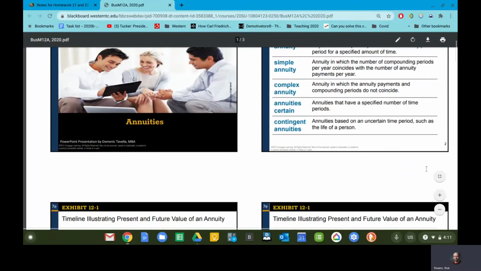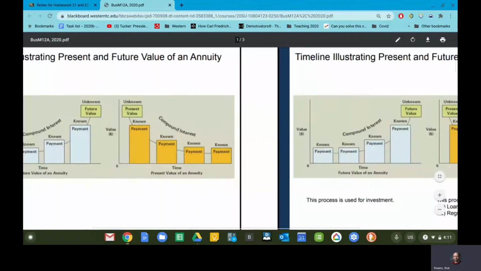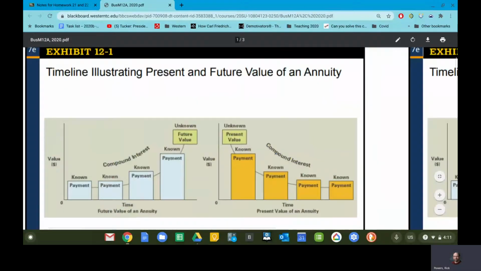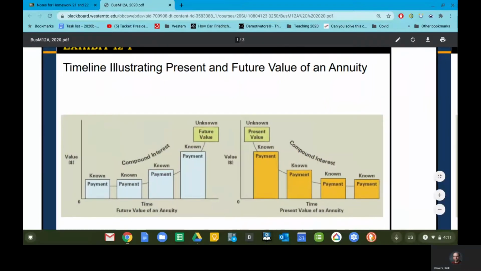And then this is very important. These are two kinds of annuity. The first one is called a future value annuity. Now, this is not the same as what we were talking about earlier in the sense of the future value of just compound interest. A future value annuity is when you put in regular payments and you get a future value.